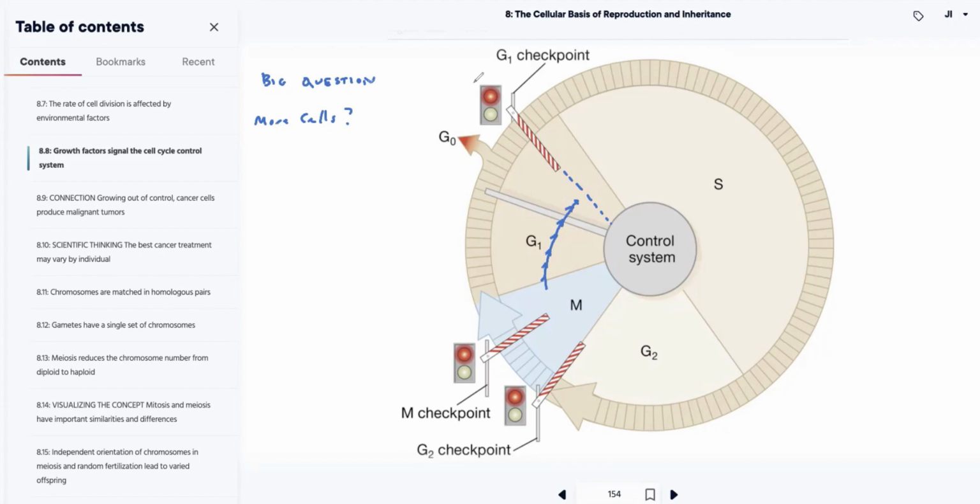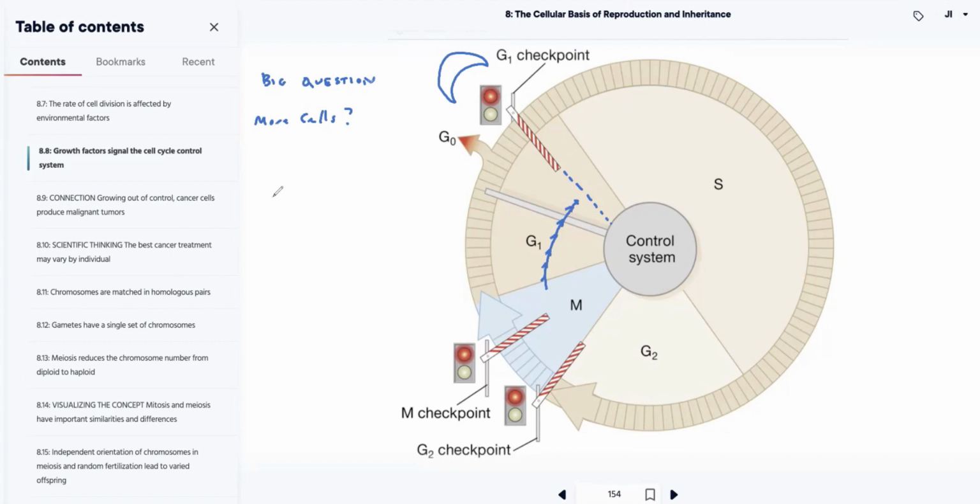And so right here, this checkpoint is the point at which somebody is going to come out and say, well, do you have a license to move forward? Do we have the appropriate signals in place that validate the need for more cells?